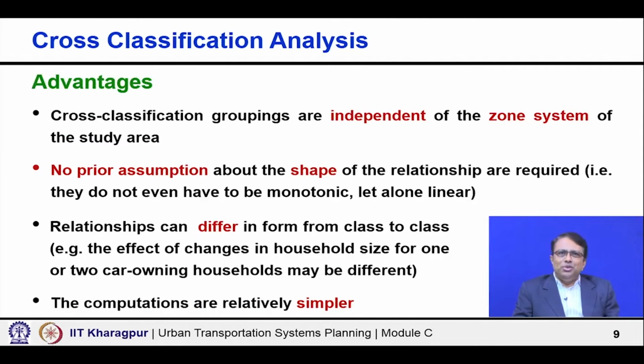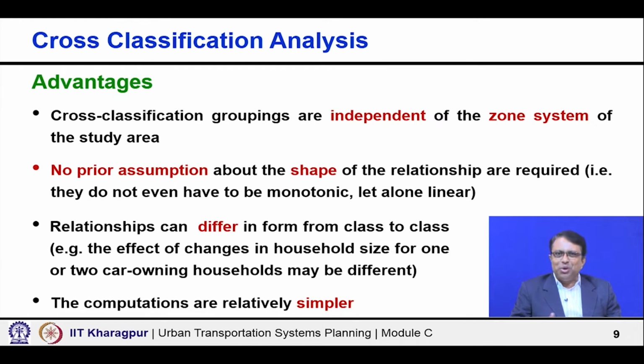Now, I would like to discuss the advantages and the disadvantages associated with the cross classification analysis. You now know two types of approaches very clearly. One is the regression based model.